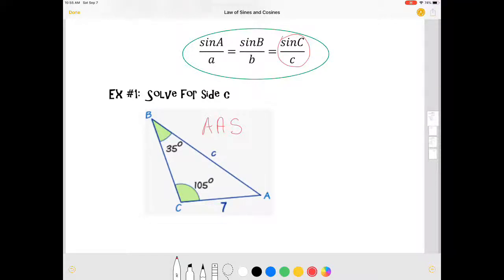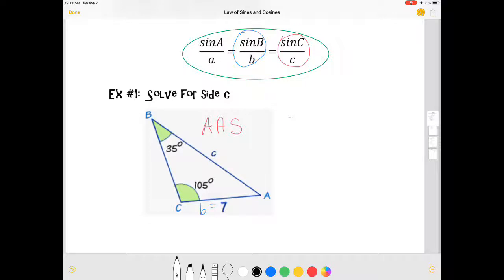Angle B is 35 degrees, and this side down here at the bottom is opposite that, so that's side B. So we know side B and angle B, which means we're going to use this ratio since we know both of the values.